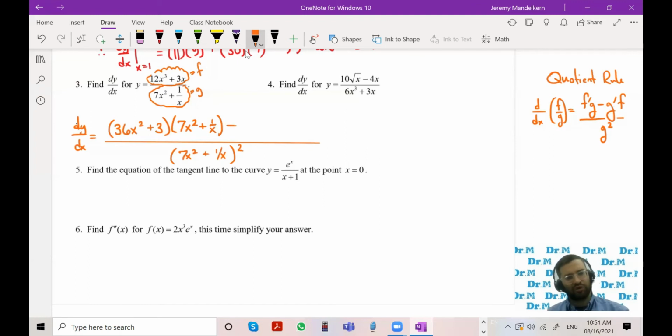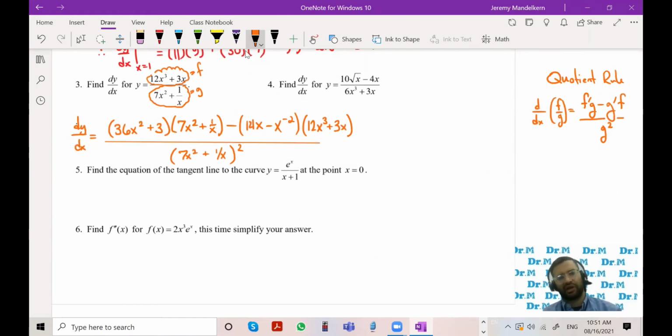Now a minus symbol. g prime is going to be 7 times 2, or 14, and that x is now raised to the power of just 1. The derivative of plus 1 over x, since that is x to the minus 1, is going to be minus x to the minus 2 by the power rule. And this is multiplied by f, which is 12x cubed plus 3x. And with that, we have written our derivative for that y function.